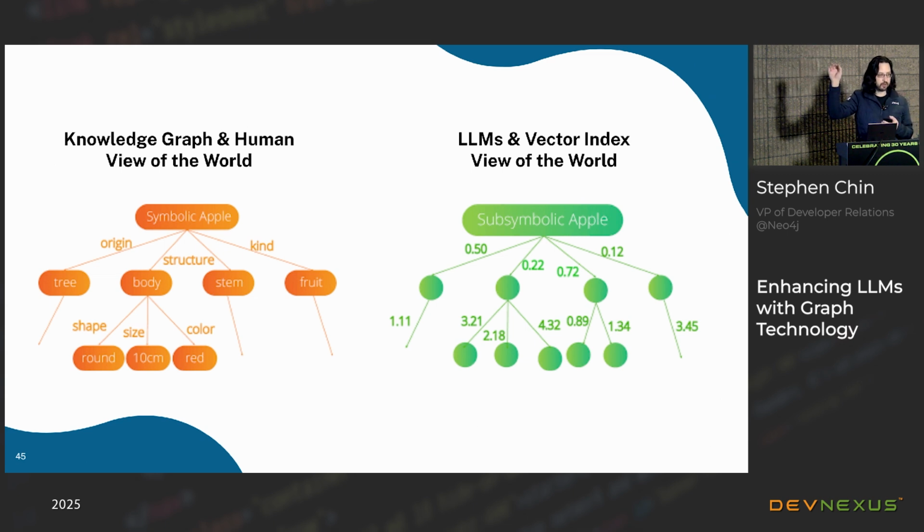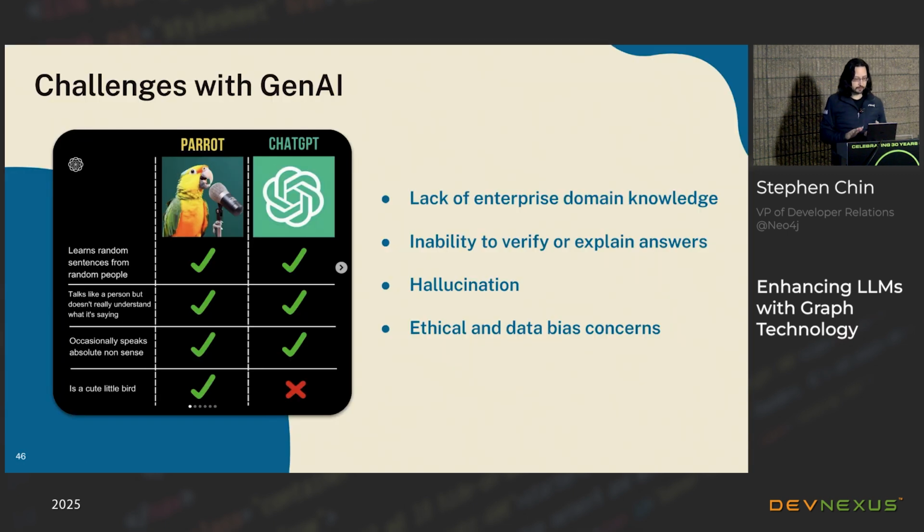So now you see an apple has a relationship to the body. That's the structure of it. The body has a size, a shape, and a color. So we can see it's an apple based on the color red, size 10 centimeters. The shape is round. The representation on the left is one we can understand, we can improve, we can do things with. But what if we could use the best of both worlds?